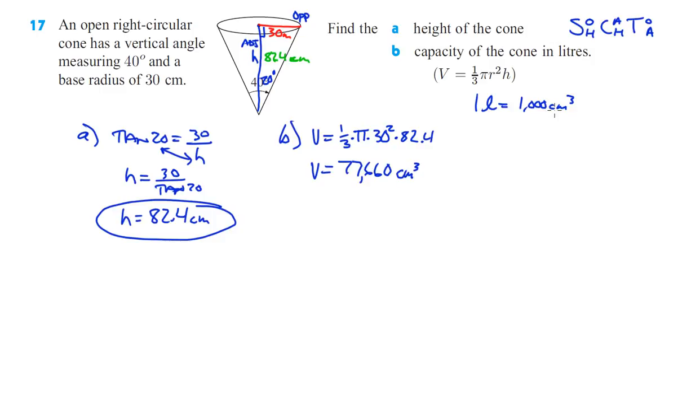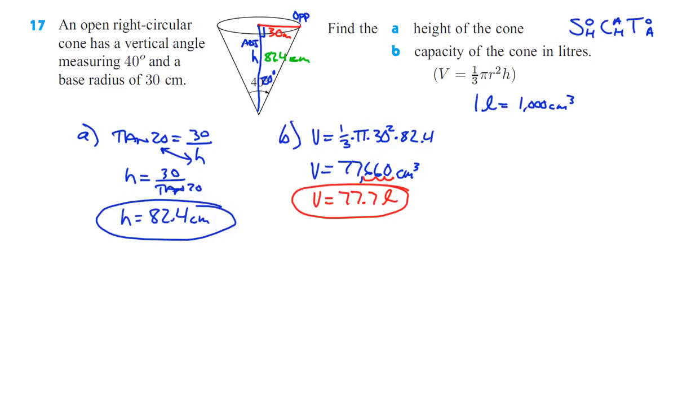So to get from cubic centimeters back to liters, we'd have to move the decimal over 1, 2, 3 spots. So the volume is going to equal 77.7 liters if we round it to the nearest tenth.